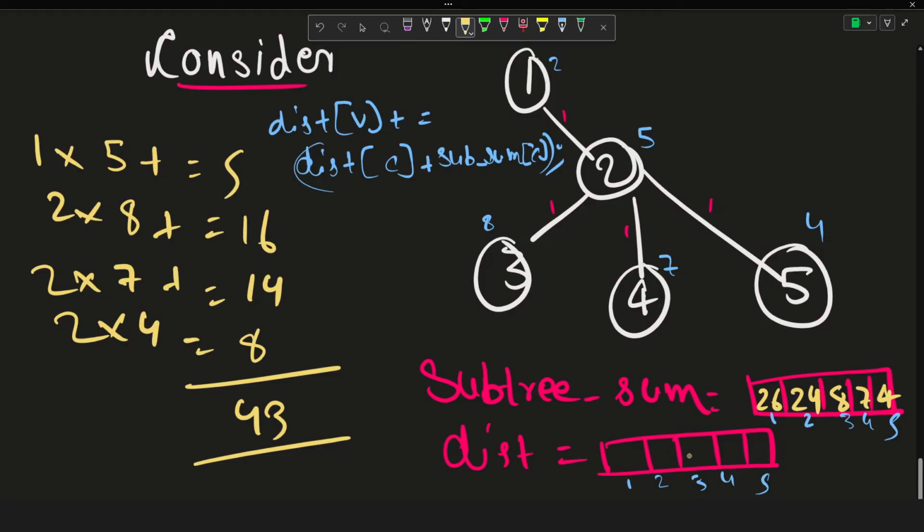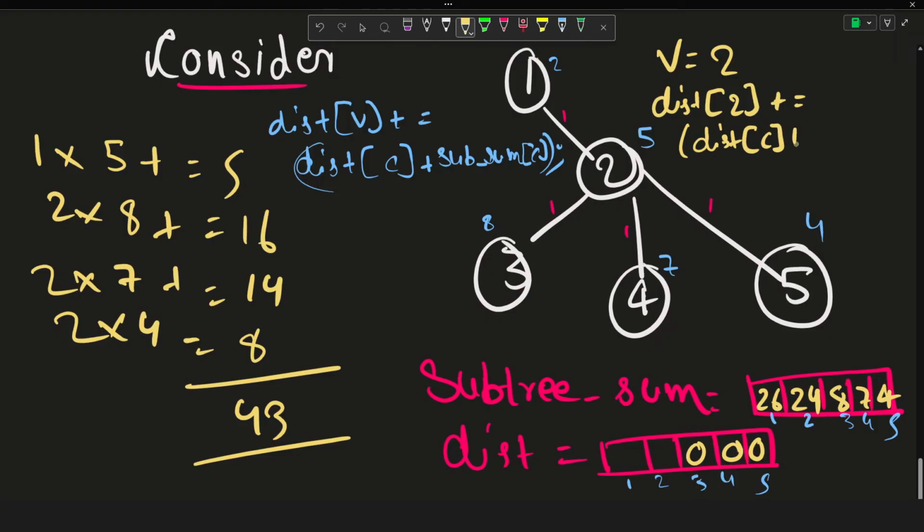Since the distance of 3, 4 and 5 is 0 only initially, right? So when v is 2, that is we are currently present at this node during the backtracking, it will combine the results of its children now. So I can say that the distance for this 2 will be the summation of whatever the value initially present in this node plus the distance of each one of its children as well as the subtree sum of its children, exactly the same as we did above in the previous problem.